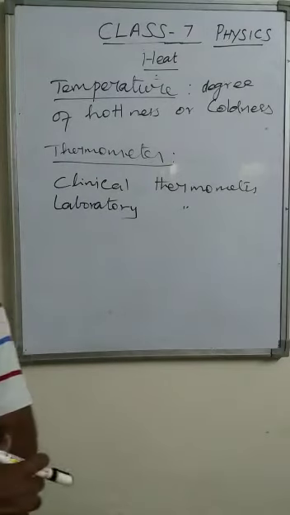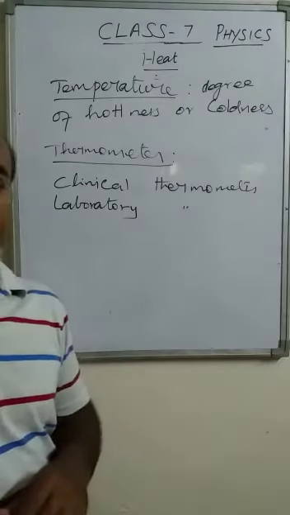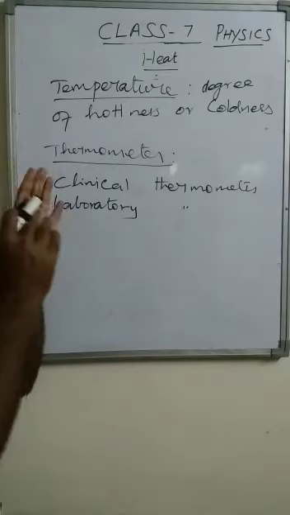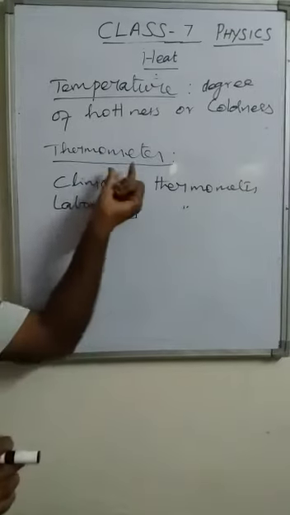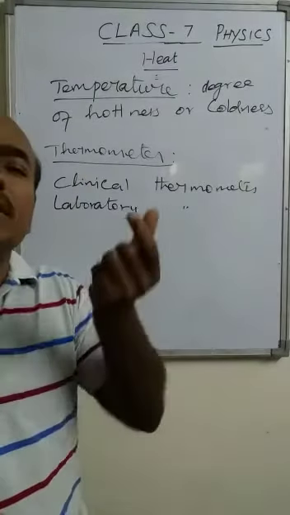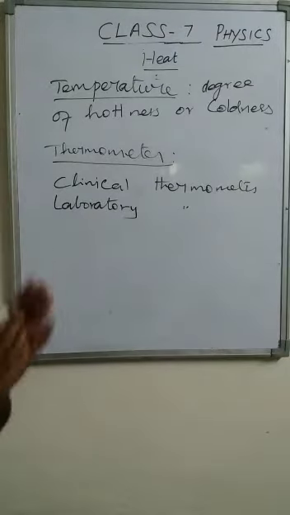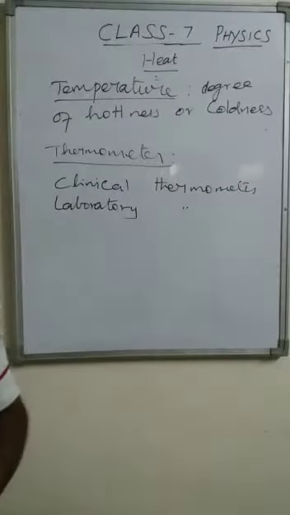And these two thermometers are having some similarities and differences. The very important thing is how this thermometer is made, means its construction, how it is constructed, how it is working, that we will discuss later on.